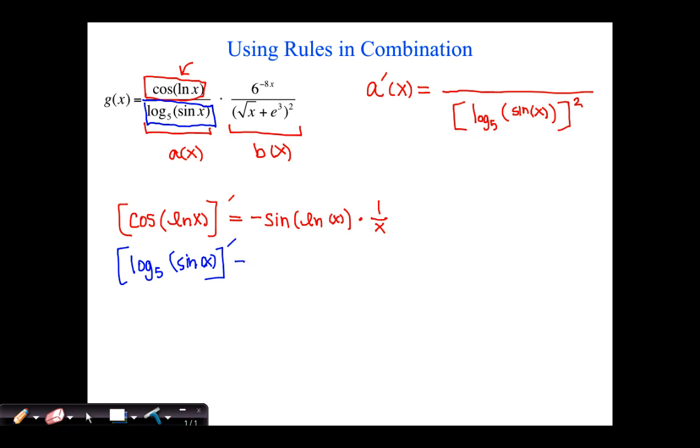Log base 5 of x, its derivative would be 1 over a product, right? 1 over x times the natural log of 5. This is going to be 1 over sine of x times the natural log of 5. That's the logarithm function's derivative with respect to the sine function.